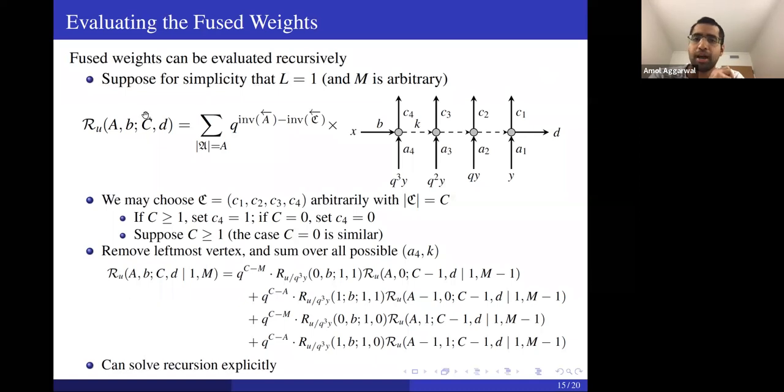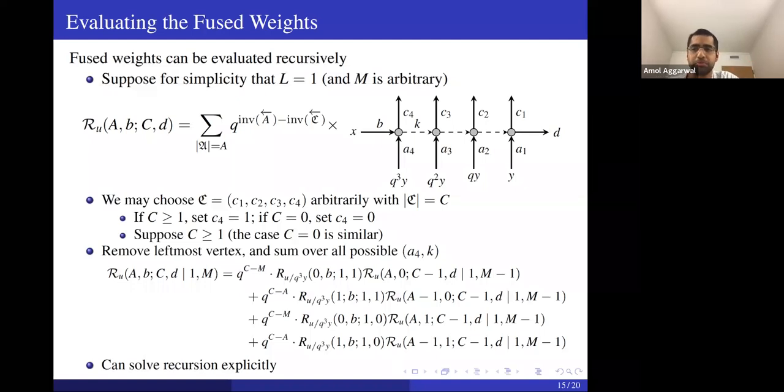So I have this formula over here, which describes the fused weight. Okay, as I mentioned before, by Q exchangeability, I can pick any choice of C that I like here. It's independent of the choice of C. So using this, you can come up with clever ways to compute these weights in special cases.